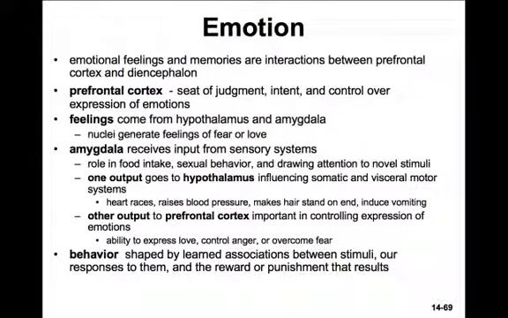So emotional feelings and memories result from interactions between the prefrontal cortex and the diencephalon. The prefrontal cortex, remember, is the seat of judgment, intent, and control over expression of emotions. Feelings seem to come from the hypothalamus and the amygdala, where the nuclei generate feelings of either fear or love.